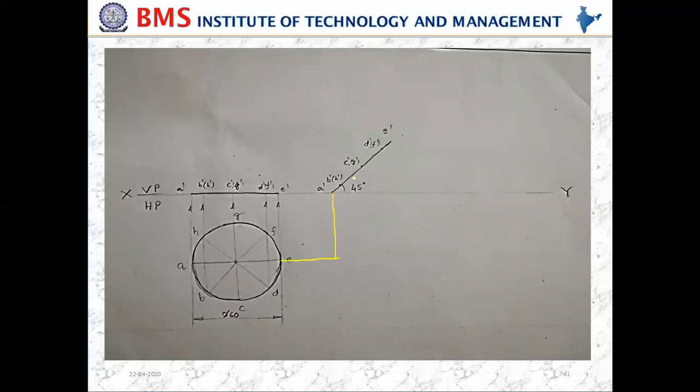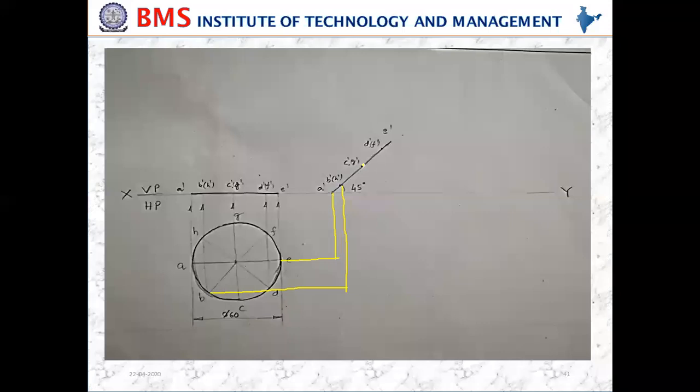And then from B dash, draw a vertical line. Then where is the B? B line is here, so draw a horizontal line. So I'll get A dash here, B dash here. Next, C dash I have to get.